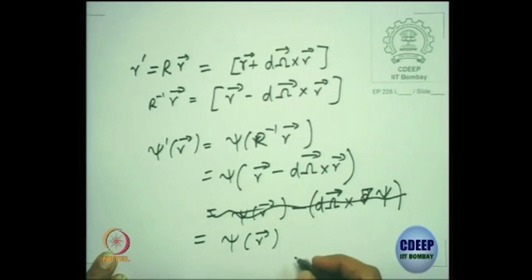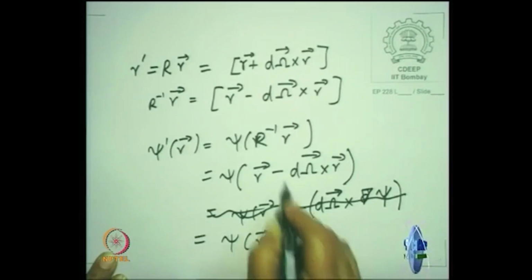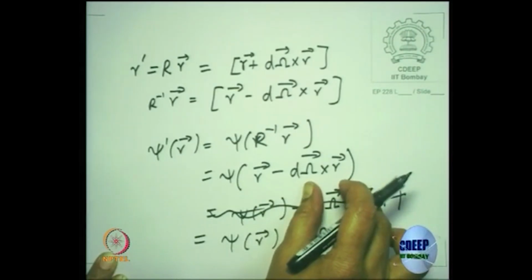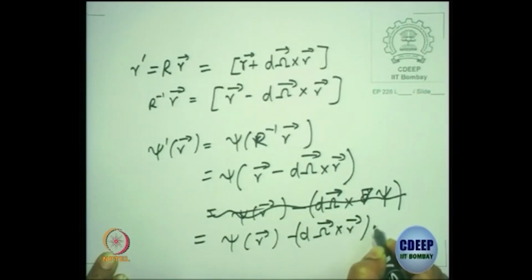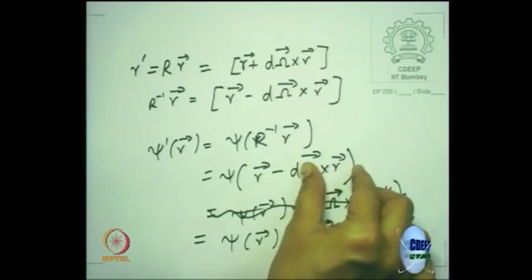Have I done it correctly? Yeah, I have done it correctly. So then this is the correction, and that will be dotted with del of psi. Okay, so this is a mistake I made. So this is psi of r plus some correction. Now what do we do? What is the next step?